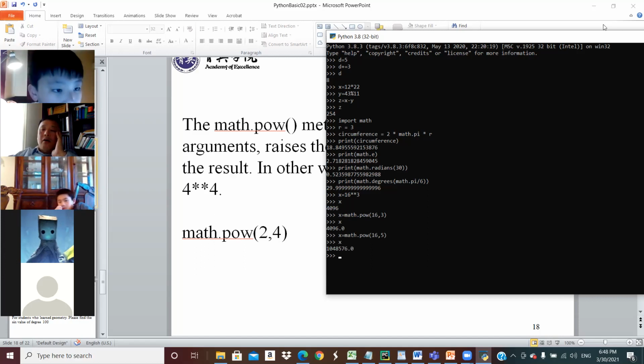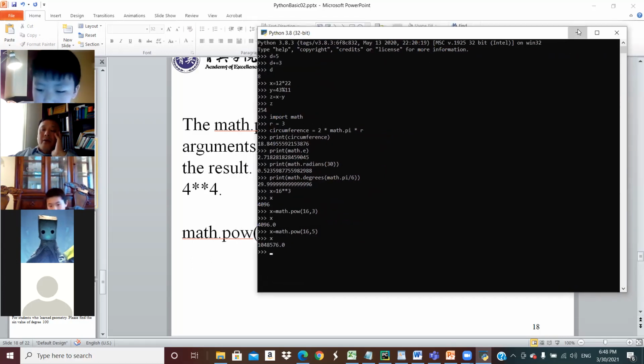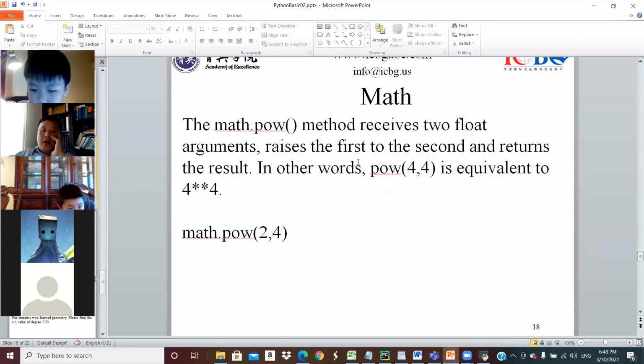Okay, so that's why we wanted to learn math, because math can help us a lot. If you import math in your Python, then you can do a lot. You do not need a calculator anymore. It can do a lot more than a calculator if you use Python, right?